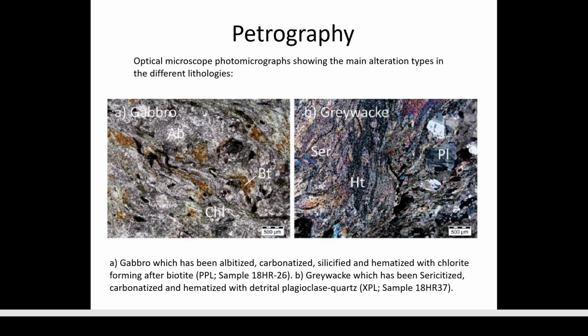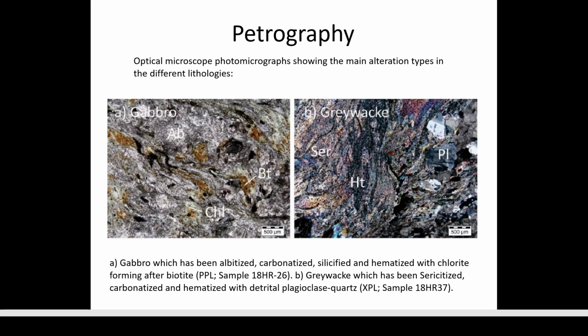Now looking at the petrography of the samples. Optical microscope photomicrographs were shown of the different types of main lithologies. Starting off, we're looking at the gabbro and the greywacke. In the gabbro, we can see that it is heavily altered with different amounts of albitization, chloritization, silicification, and hematization.